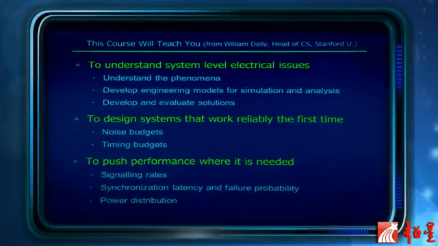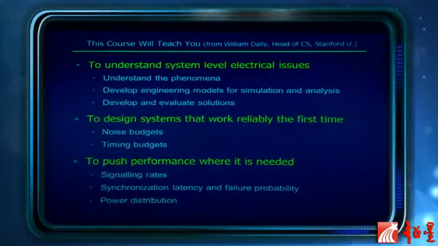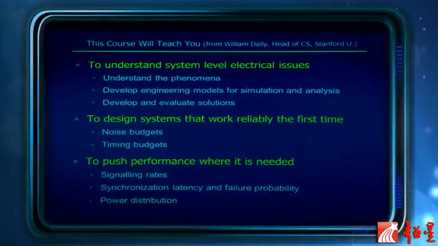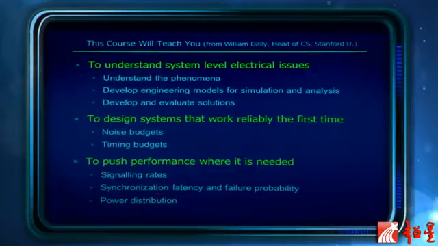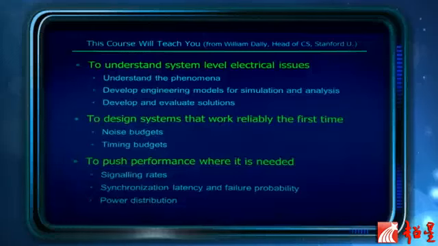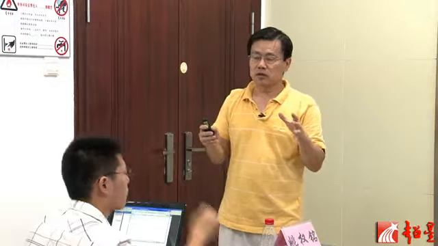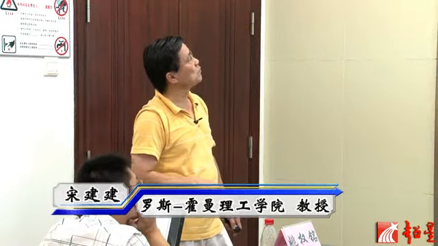Once you purchase an FPGA chip, that cost is already fixed, right? So if you run it at the highest speed possible, then you can get your money back as quickly as possible. So there's signaling speed, there's a synchronization problem, there's a failure problem, and there's also a power distribution problem. So basically this class is about how you can make a circuit on the board and make it run reliably.